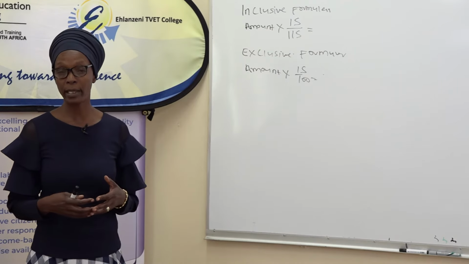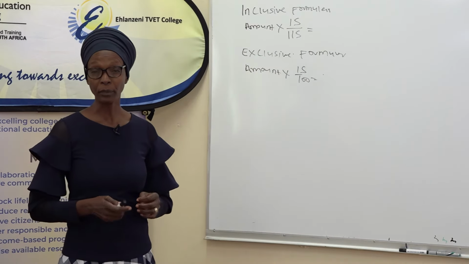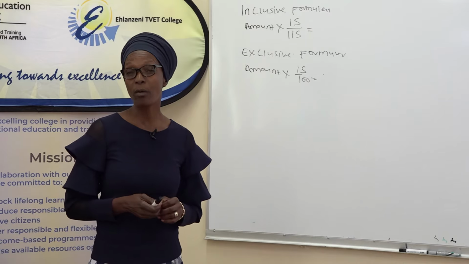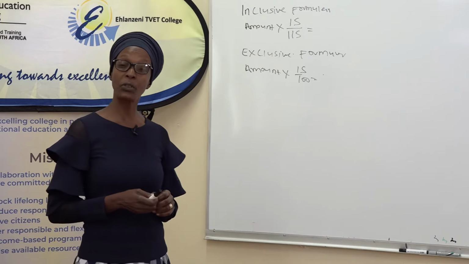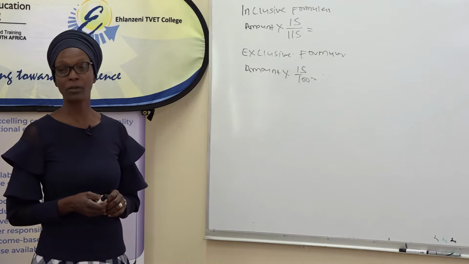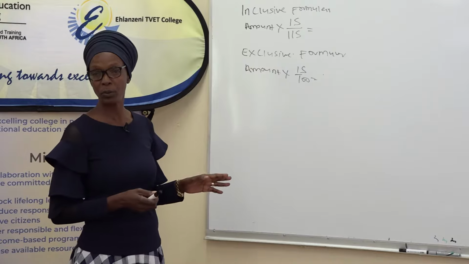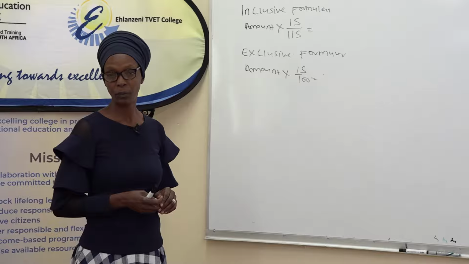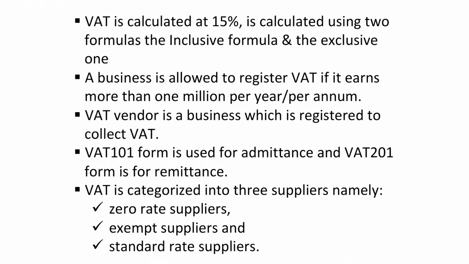By doing the returns, the business owner will use the VAT 201 form. The VAT 201 form is for remittance. You must also note the difference between those forms, what each is used for. VAT 101 is for admittance, VAT 201 is for remittance.